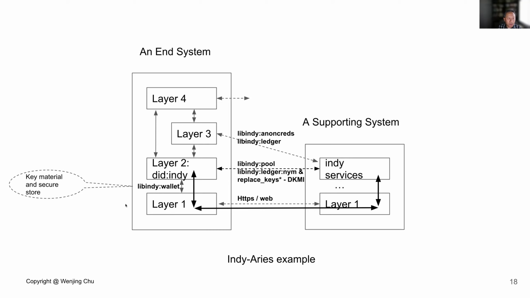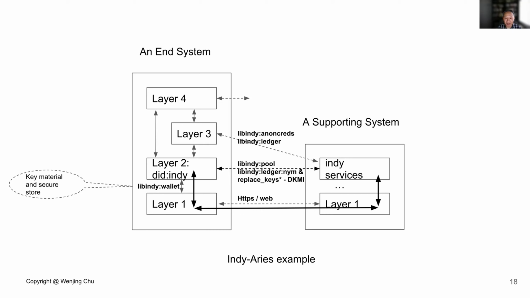In layer 1, you need a libindy wallet. The wallet provides key material and also secure storage of those secrets. Another part of layer 1 is HTTPS, over the web, over the internet, which essentially gives you a transport service. This transport service can have multiple choices, and Aries certainly allows various kinds of different services on there as well. And in theory, this can be any transport service.